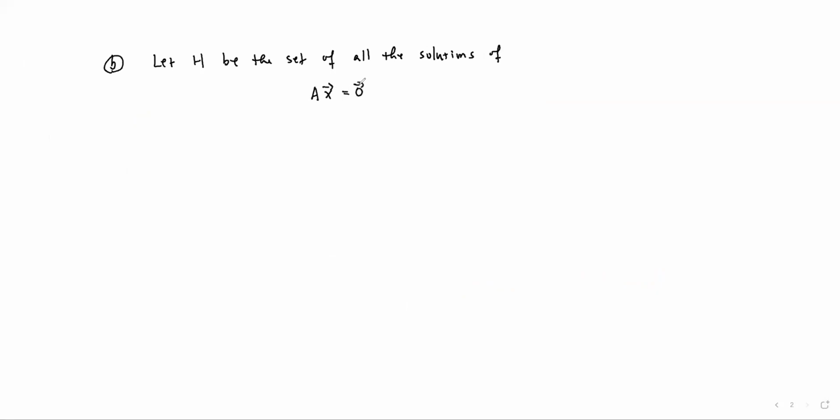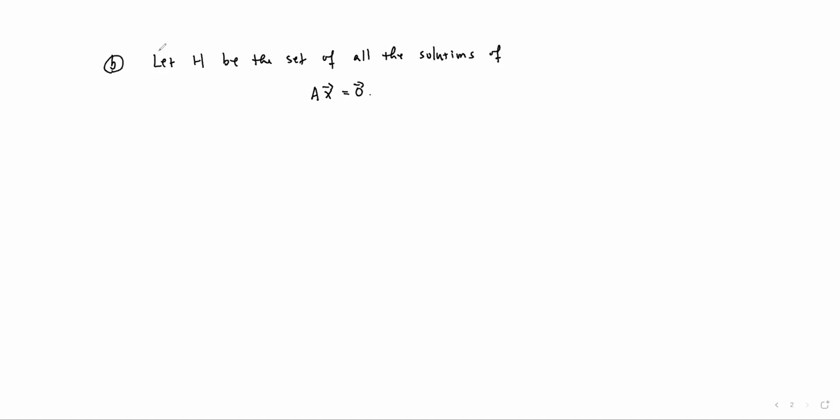The right side is 0, so this linear system is a homogeneous linear system. Solve this linear system and put all the solutions together. We have a set. That set is called the null space of matrix A.